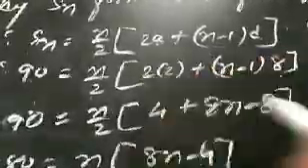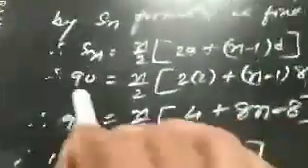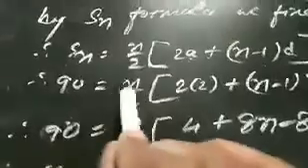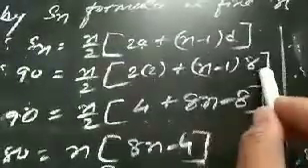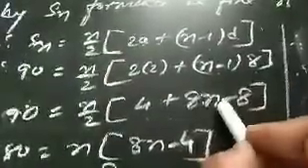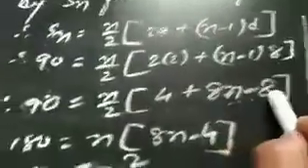Now we simplify. 90 is equal to n upon 2 into 4 plus, opening the bracket, 8n minus 8.